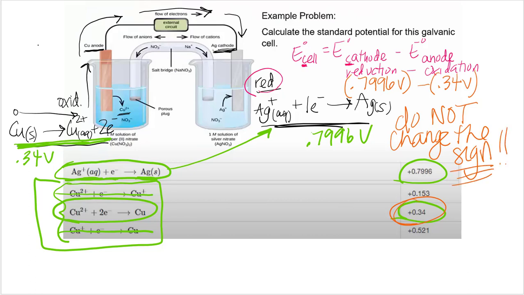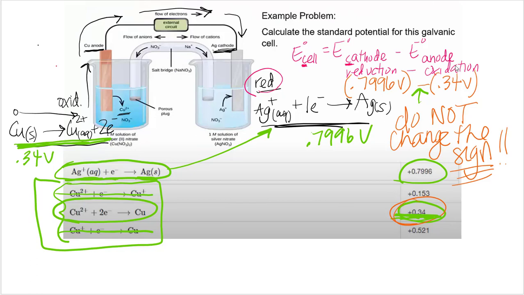This minus right here is doing it for us. It's flipping it. So we're not going to do a double change here to get that value. We don't want a minus a negative. This minus is flipping our oxidation value, because remember, this is a reduction value. We want oxidation. So this minus is flipping it for us.